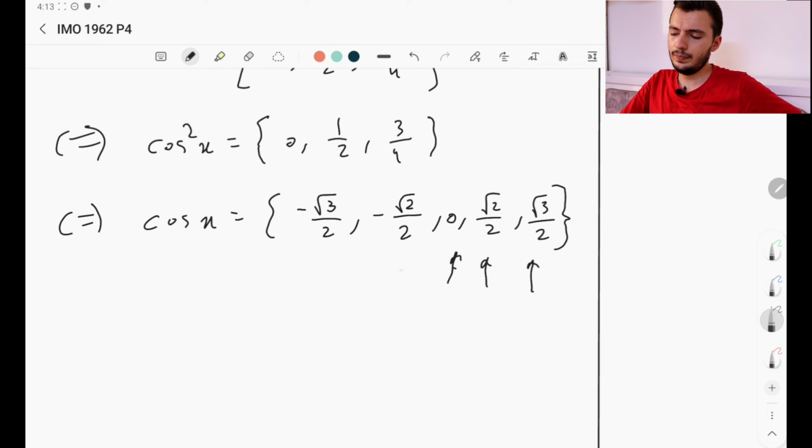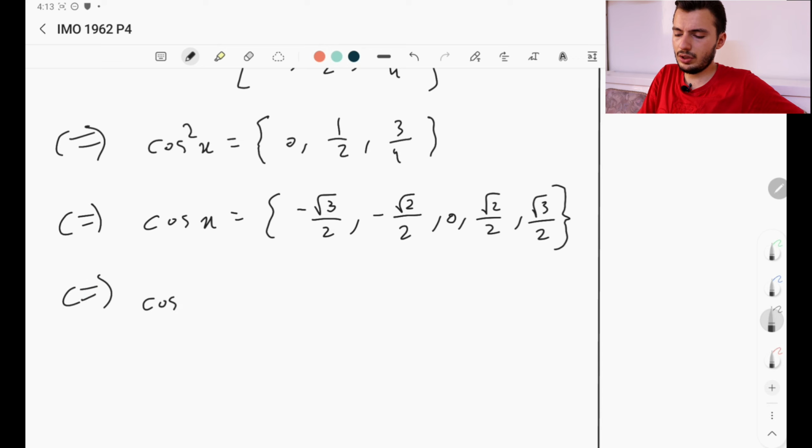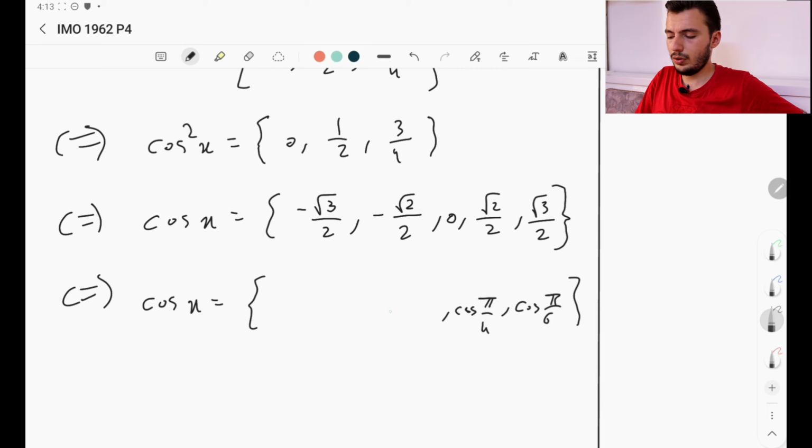This is pi over 2. And these are the negatives, so you can easily know what they are. So let's just write this. Cosine x is equal to, okay, this one here is cosine pi over 6. This one is cosine pi over 4. This one is cosine pi over 2.